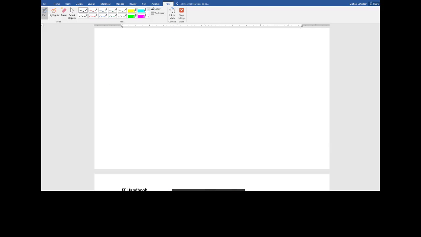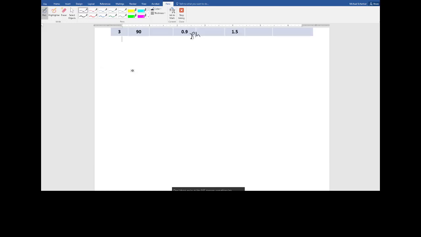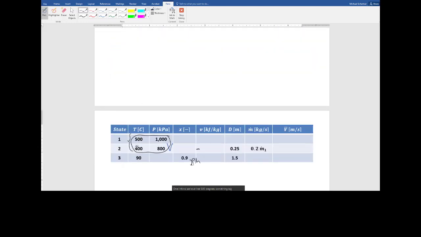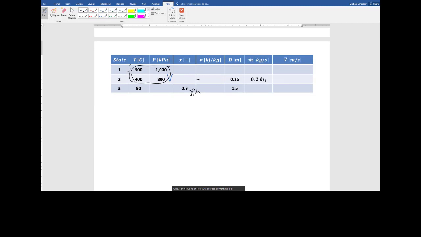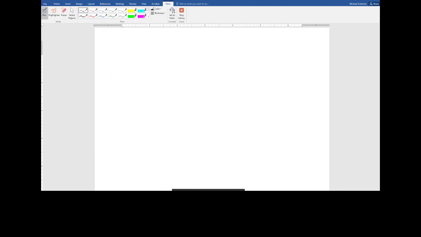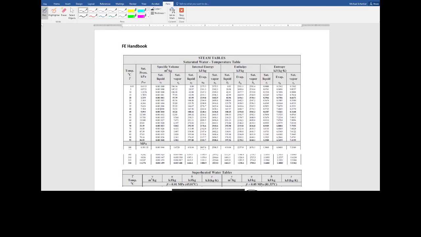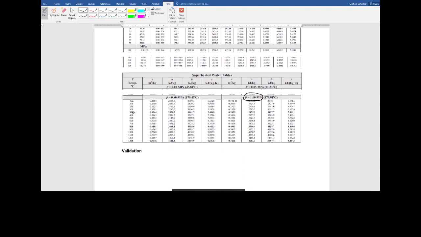But I think we're at like 500 degrees, something big anyway. Yep, 500 degrees for state 1, 400 degrees for state 2. So for state 1, I'm going to look for 500 degrees. It's lucky that it's right on the line here. My specific volume is 0.354.